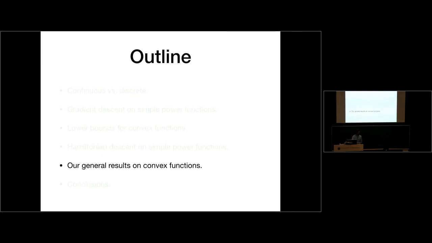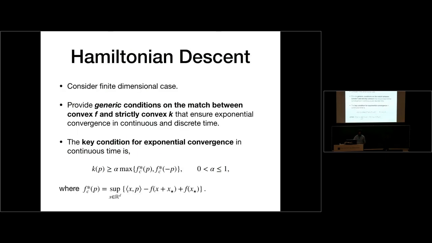Not every function is a simple power function in one dimension. So in the full version of the paper, we consider the finite dimensional case. We provide generic conditions on the match between a convex function f and a strictly convex function k that doesn't assume that they're necessarily power functions.